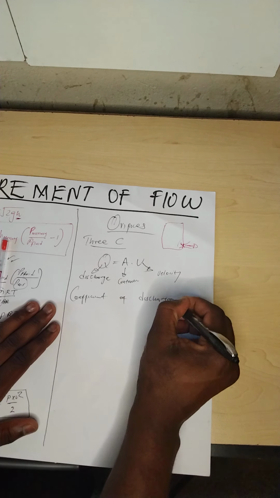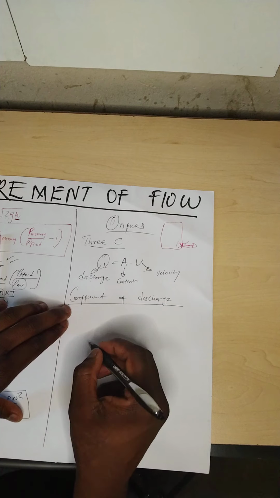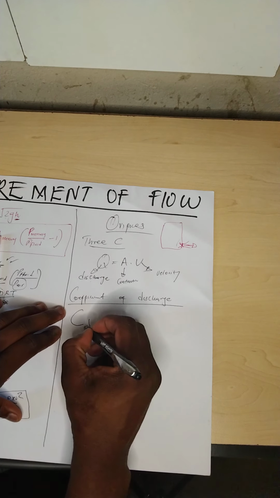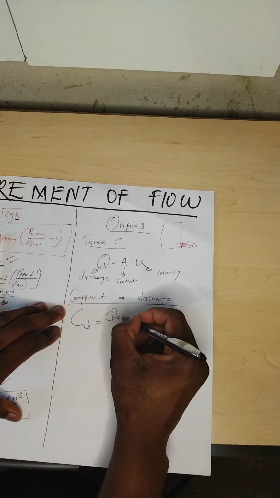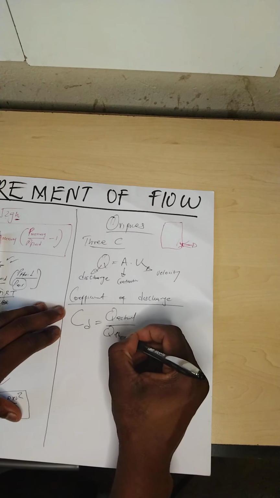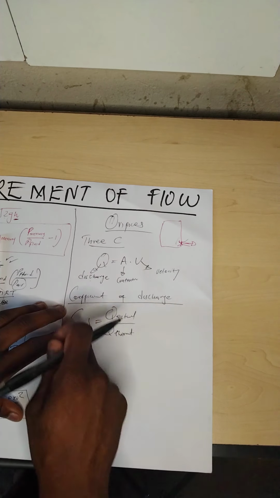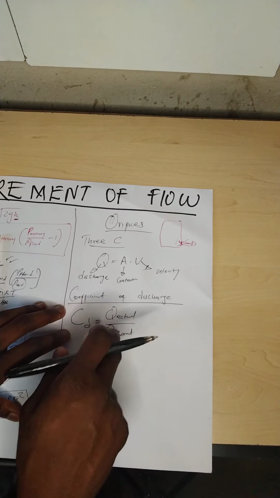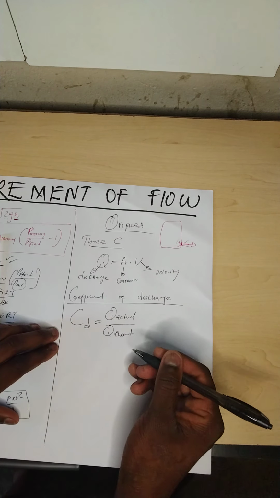How are you going to name it? CD equals Q actual divided by Q theoretical. I think on N5 you are not given these equations, you're only given them on N4, so you have to know them. This is the easiest way to memorize them.